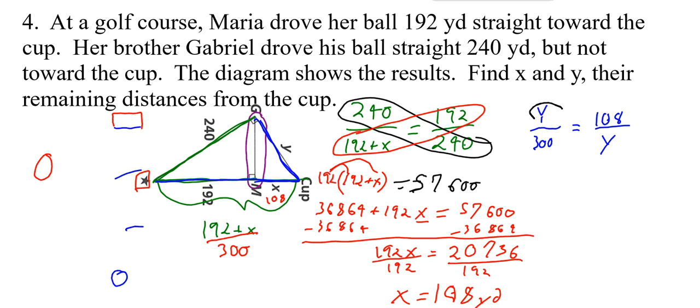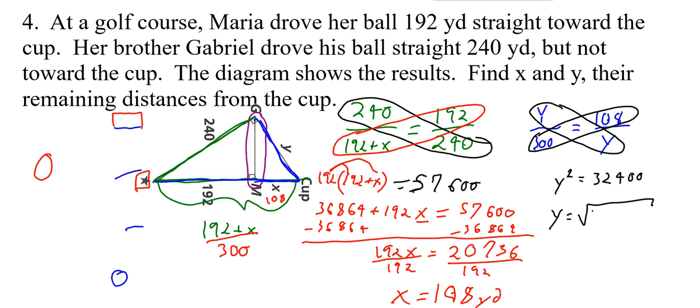So I do y times y, y squared, equals 300 times 108, and I get 32,400. Square root both sides, so y equals the square root of 32,400. So y is equal to 180 yards.